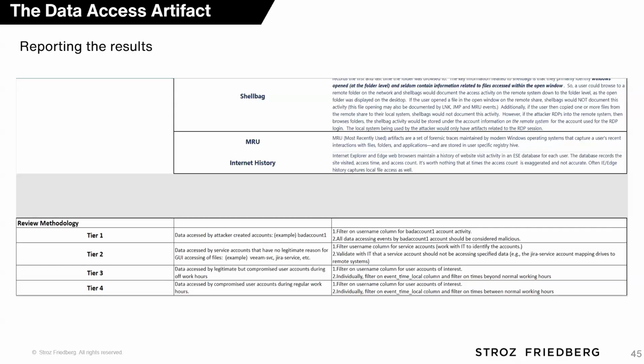So for example, if stakeholders or analysts wanted to see a suspicious user accessing data outside office hours, let's say at 1 or 2 a.m., then they can just use the methodology listed in tier 3 and go from there. So it's not an exhaustive list, but a good pivot and starting point to interpreting the data provided in the report.